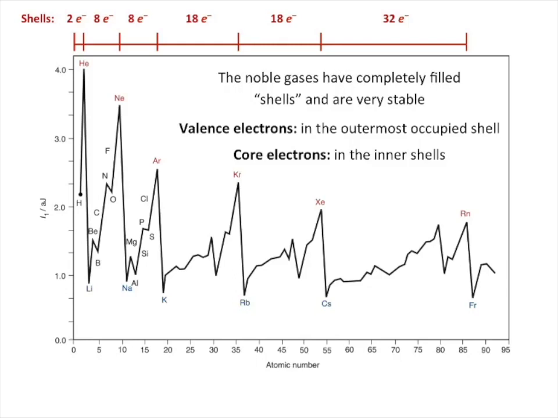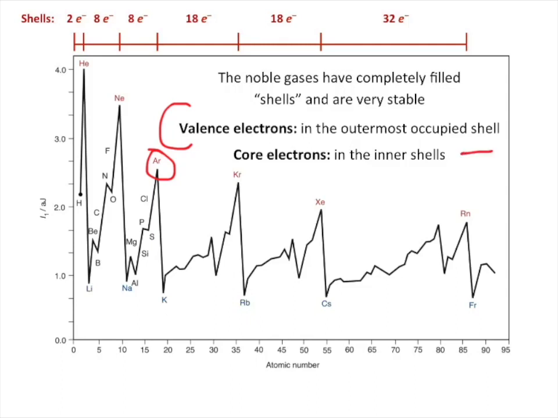So I also, while we're here, want to introduce some vocabulary words. Valence electrons are electrons in the outermost occupied shell. So say you have argon. Well, the last 8 electrons that go into this argon atom, imagine you're building it up from 0 to the number of electrons it has, are the outermost electrons, and they're in the outermost shell, and we call those the valence electrons.